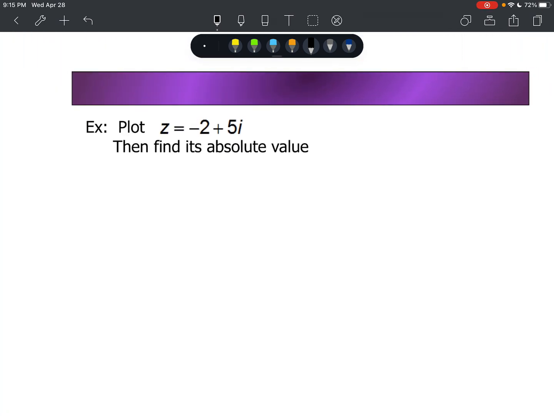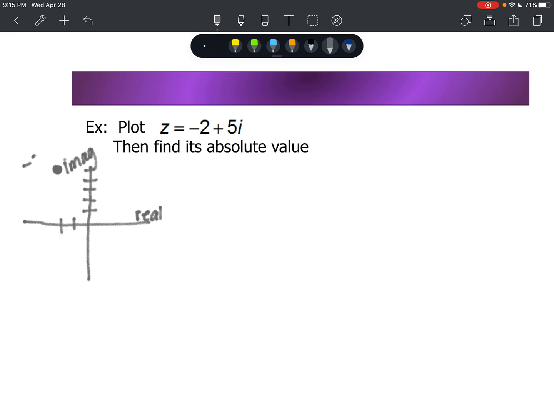Okay, we're going to, in this example, plot a complex number and then find its absolute value. So when I plot, I'm going to draw a horizontal and a vertical axis. Horizontal is the real part. Vertical is the imaginary part. And negative 2 plus 5i will land in quadrant 2. Left 2, up 5. So its point is right there.